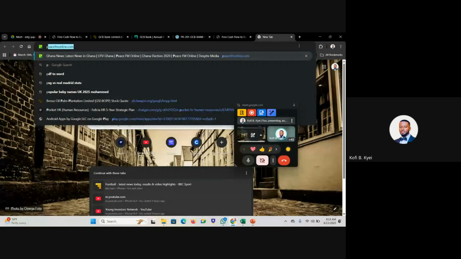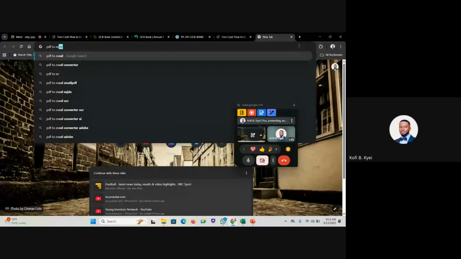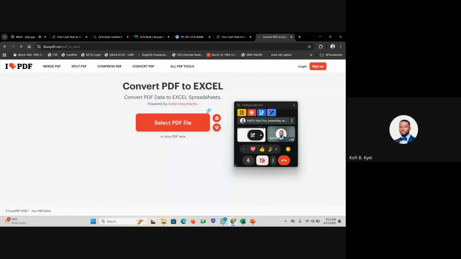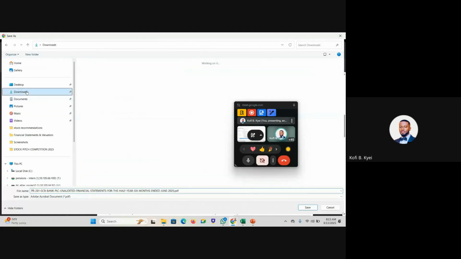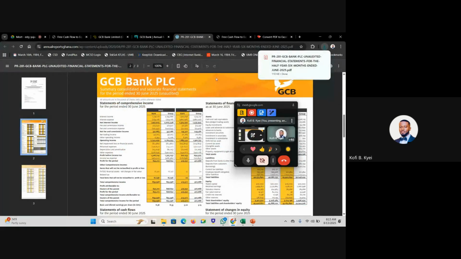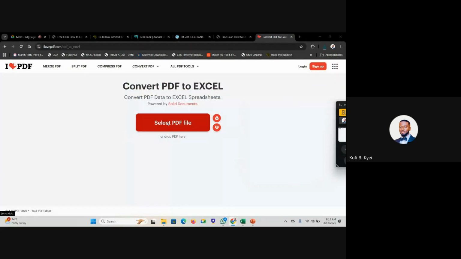So you can visit PDF to Excel. You can all see the screen, right? Let me download this into my downloads. You select the file.